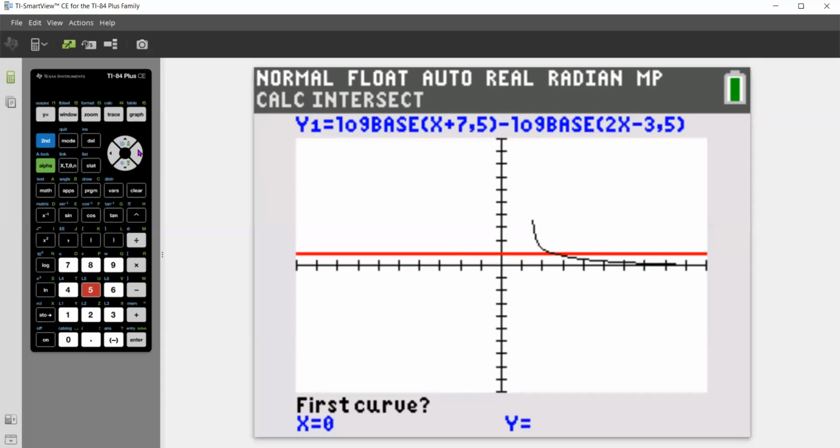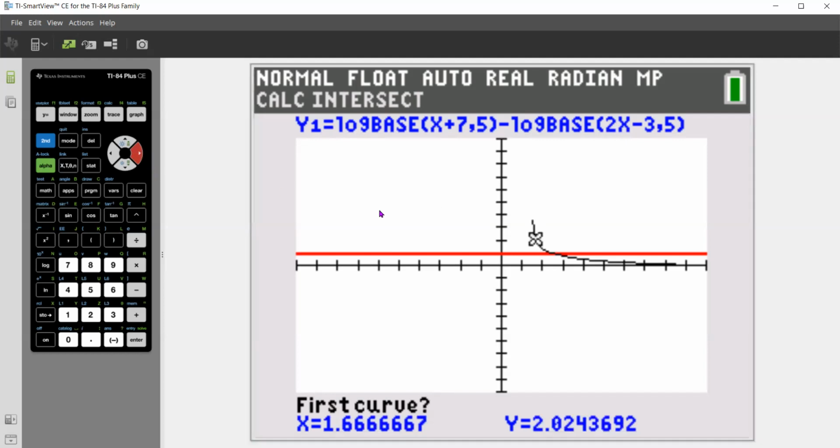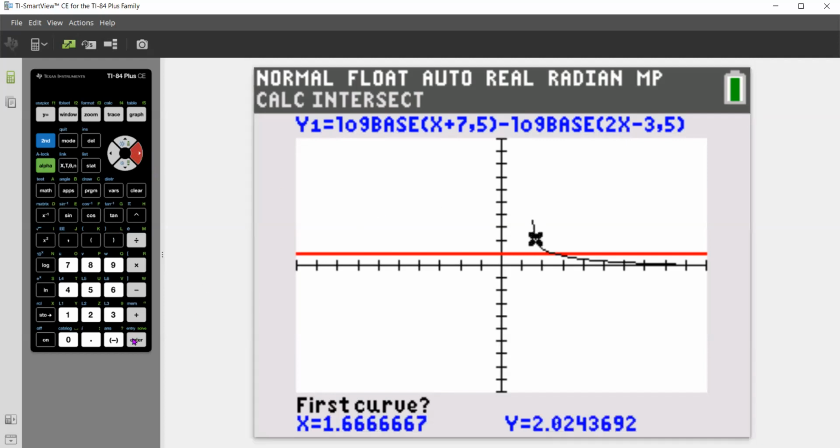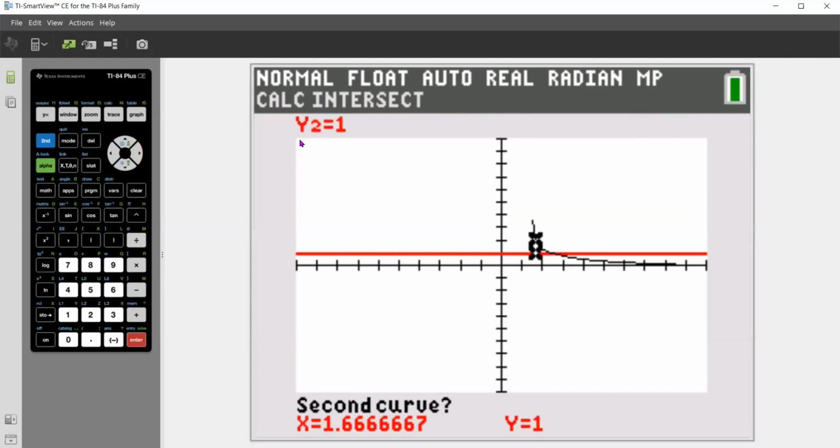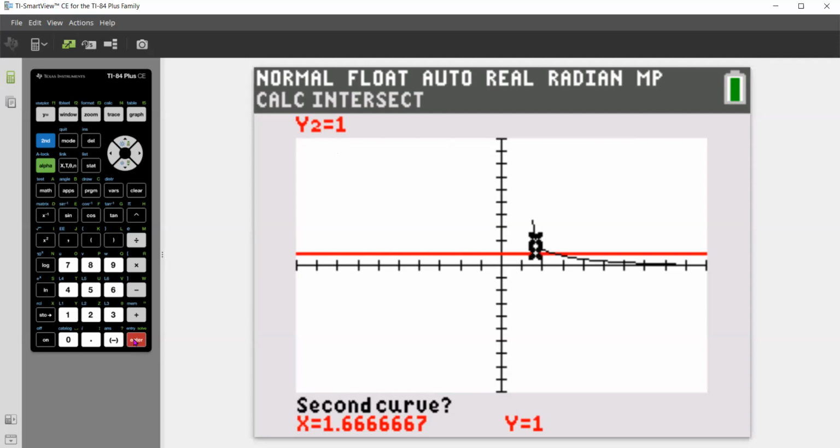So I'm going to move using the left or the right arrow until that asterisk appears. There it is. So yes, I do want to pick that function. So press enter. Then yes, I want my second curve to be y equals 1. Press enter, and then press enter a third time.